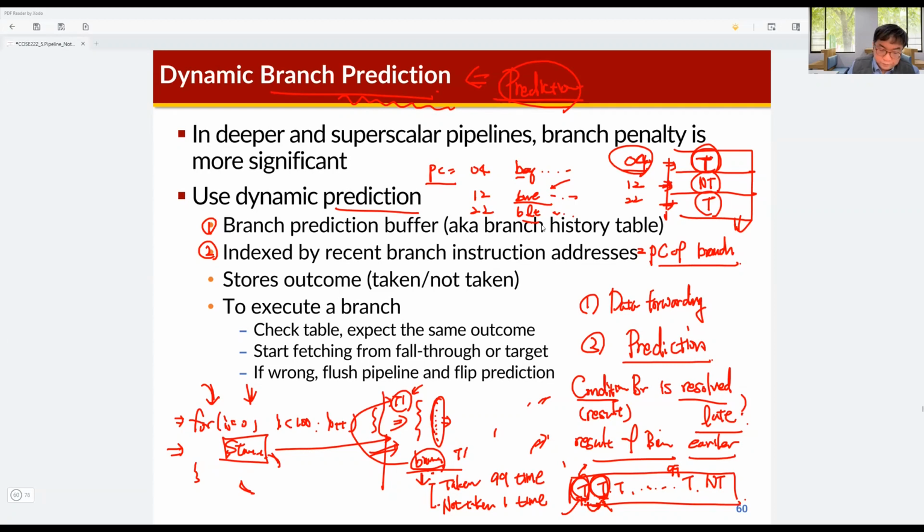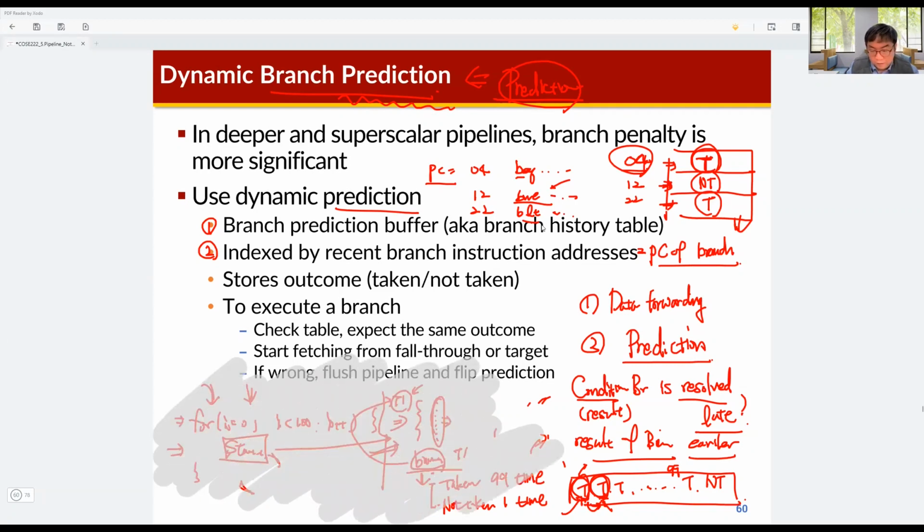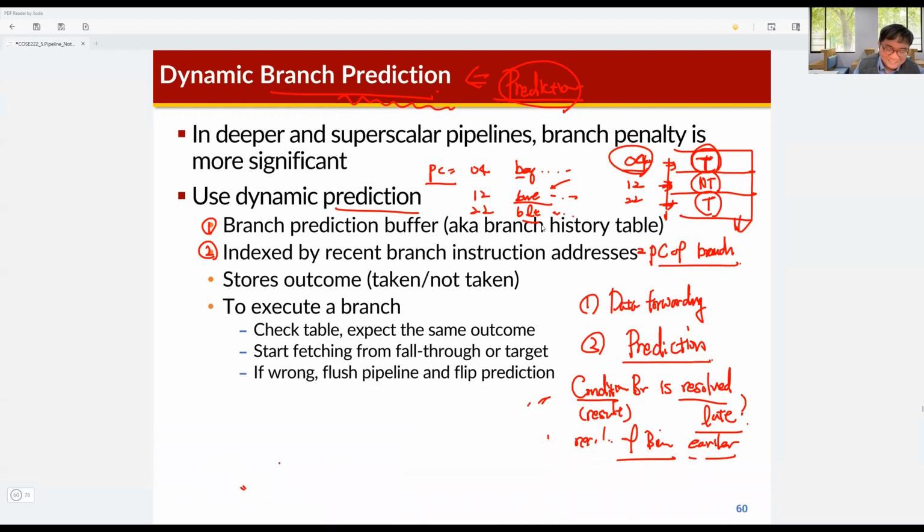So let's see the example. A BQ is here, then some instruction is here, and the PC of this BQ is, let us say, about 12. So this is the branch prediction buffer. With this PC value, the history of this branch instruction is stored.